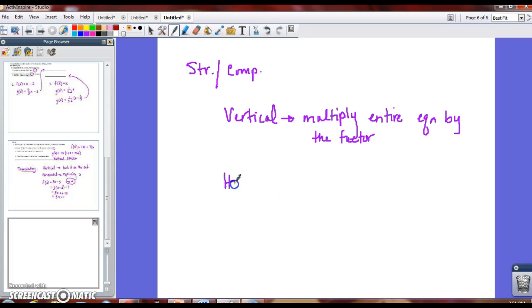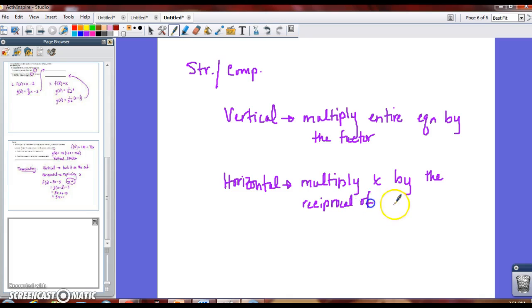And horizontal, you just multiply x by the reciprocal of the factor.